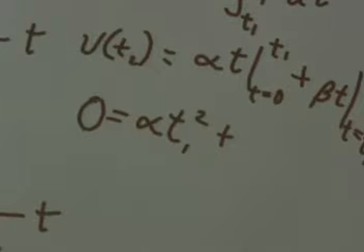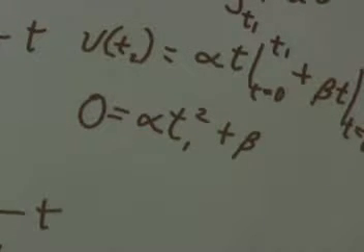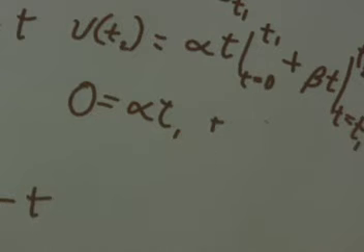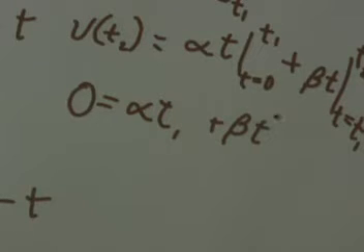Then we'll have beta times t2 minus beta times t1. I don't need that squared on there, getting ahead of myself.